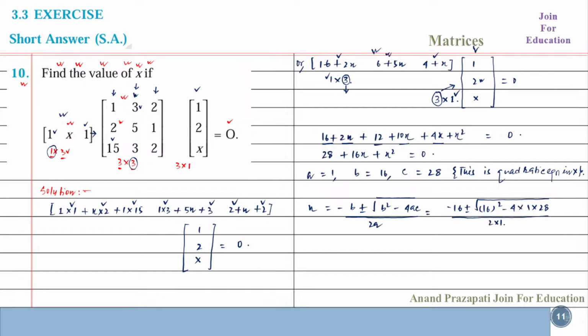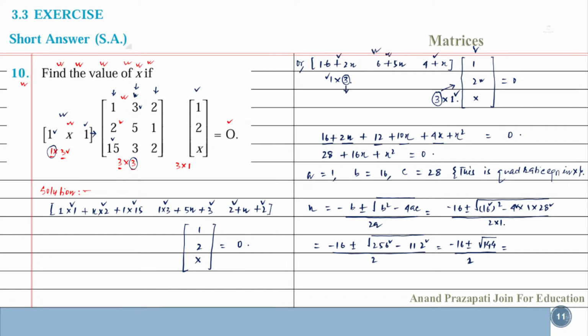Next step here will be minus 16 plus minus the square of 16 is 256, minus 4 into 1 into 28, which is 112, so 256 minus 112 equal to 144, over 2.